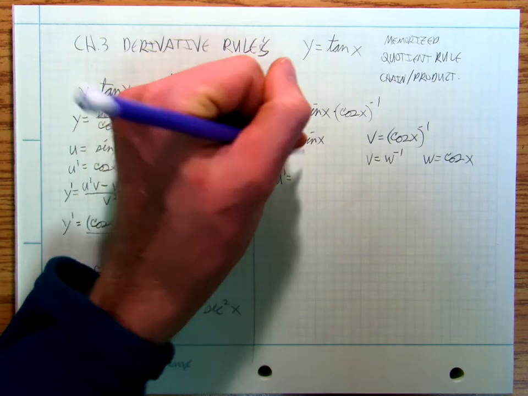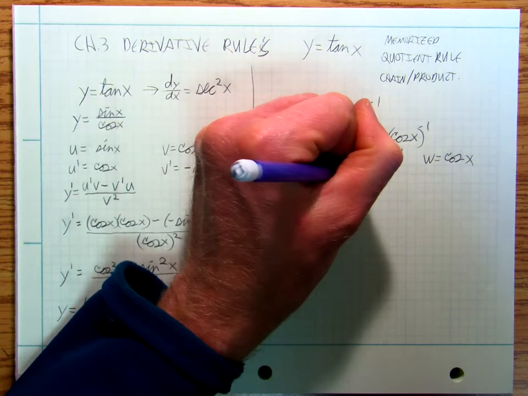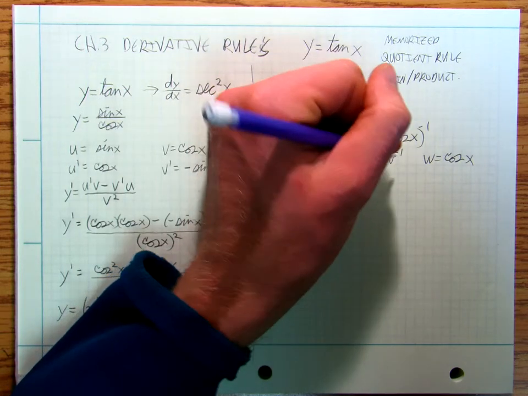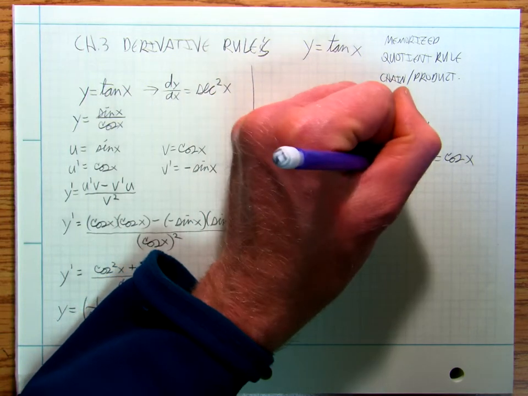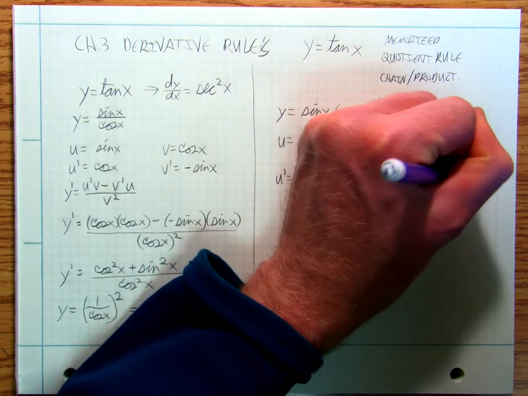So u prime is equal to cosine x. v prime is equal to negative w to the negative 2. w prime is equal to negative sine x.